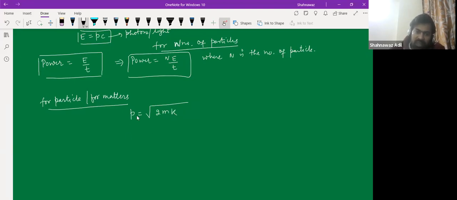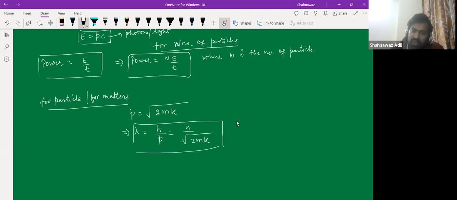So we can write the wavelength, which is h by p, so this would be h by root 2mK. This is in terms of kinetic energy of the particle, which we didn't do in the previous question.